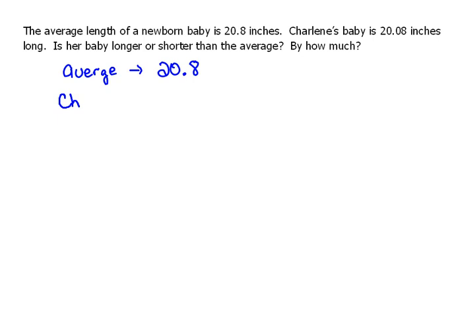Now Charlene's baby was 20.08. If we read that properly, that would be 20 and 8 hundredths. Well, if you think about 8 tenths and 8 hundredths, 8 tenths is a lot larger of a number.